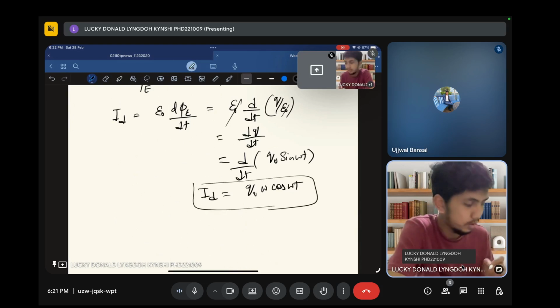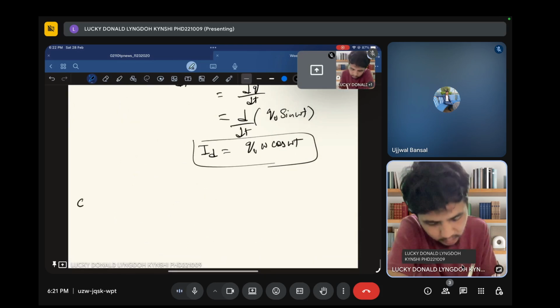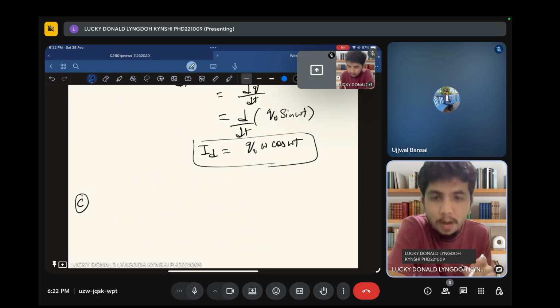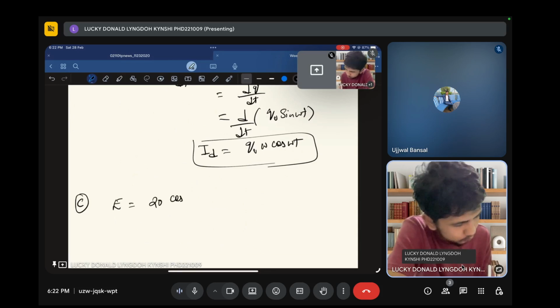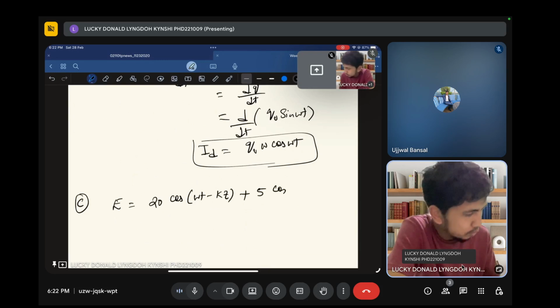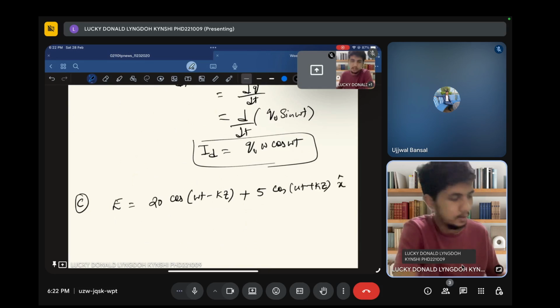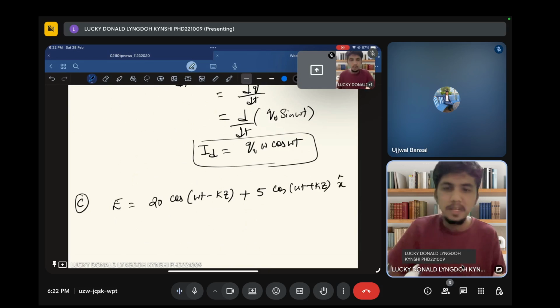It's pretty straightforward. Okay. Now the third part, which is C, you have to find out the magnetic field, and the electric field is given to you as 20 cos(omega t minus kz) plus 5 cos(omega t plus kz) along the x cap direction. So the electric field is given to you, and I have to find the magnetic field.